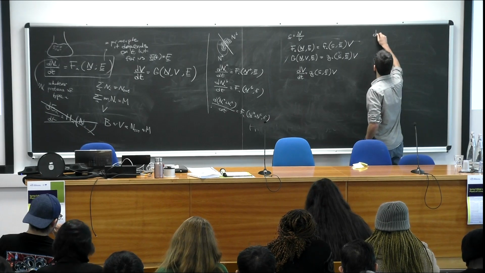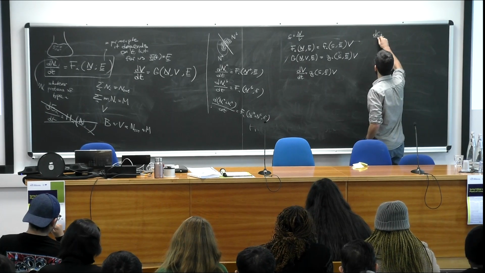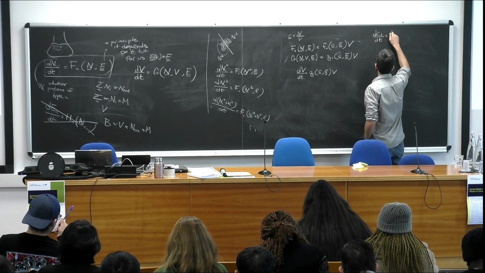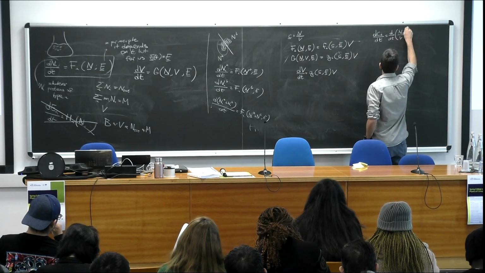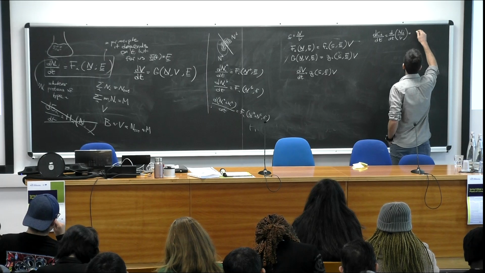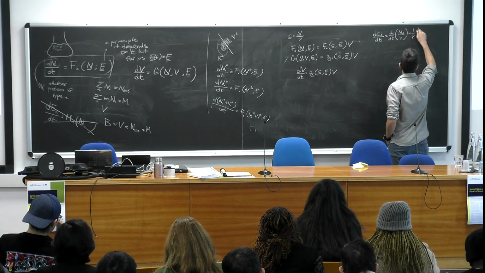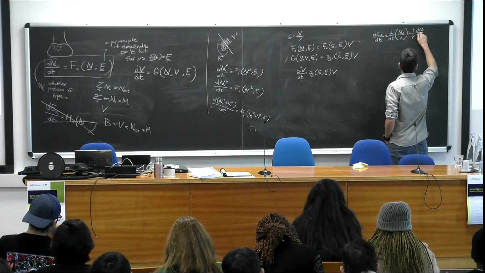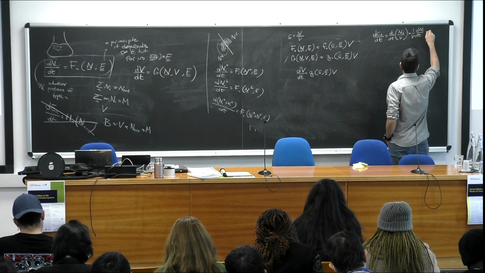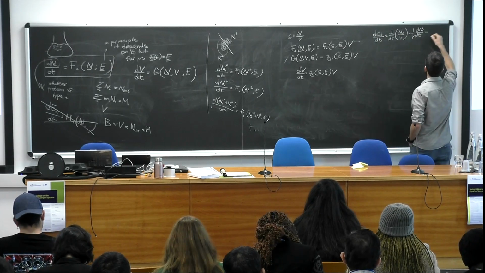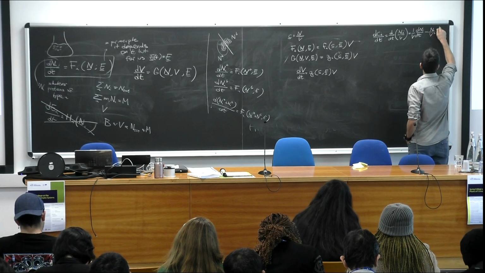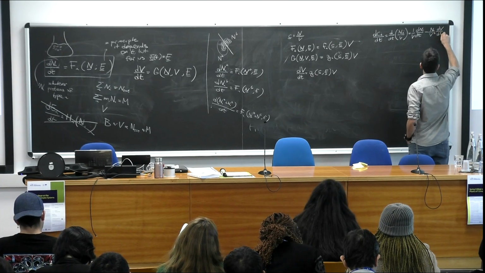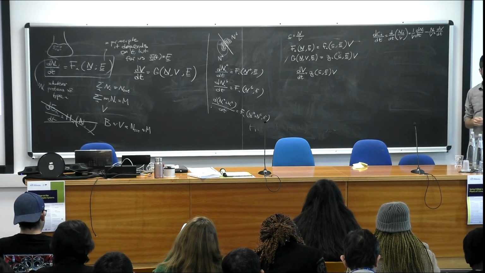So I can write dc_i/dt, which is equal to d(N_i/V)/dt, which becomes 1/V dN_i/dt minus N_i/V squared dV/dt.